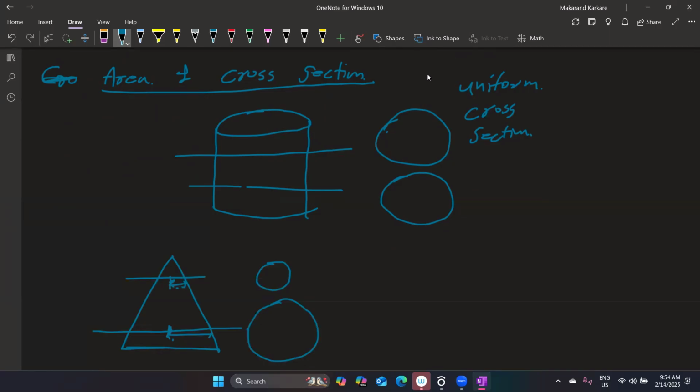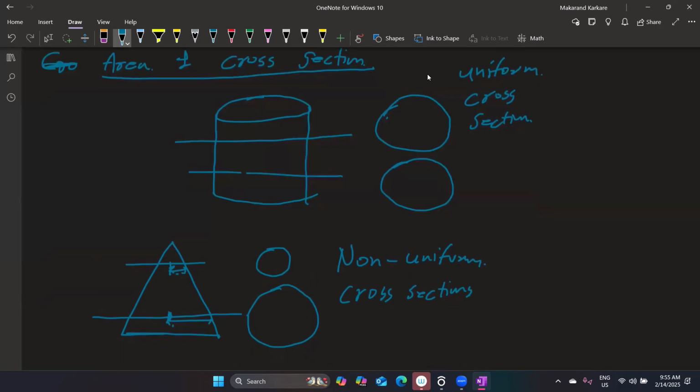These are non-uniform cross sections. So in general, a prism and a cylinder are solids with uniform cross-sectional area, whereas a cone and a pyramid are solids with non-uniform cross-sectional area.